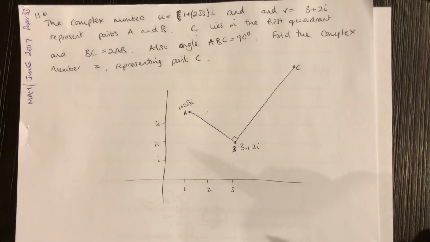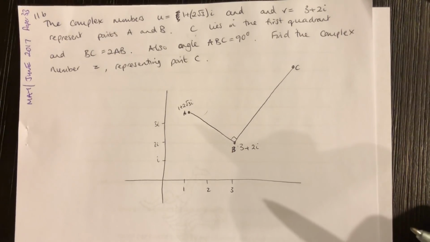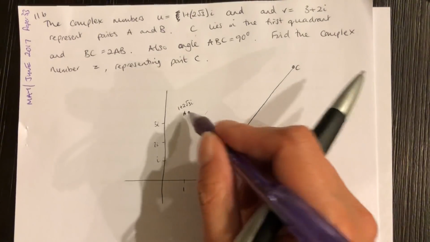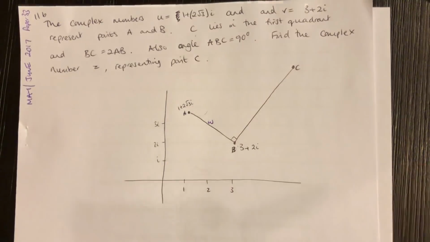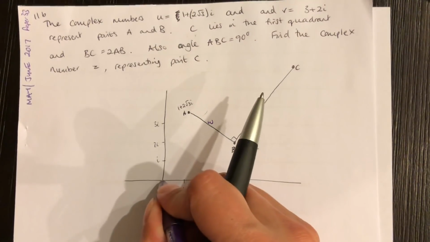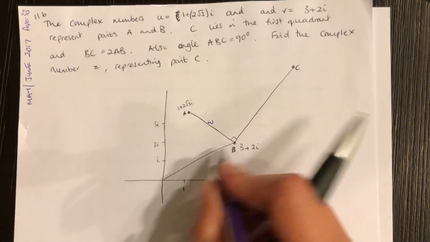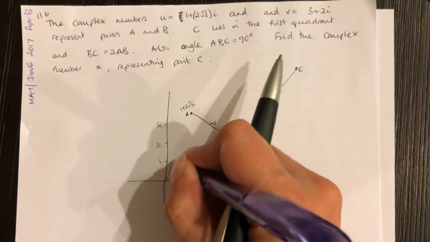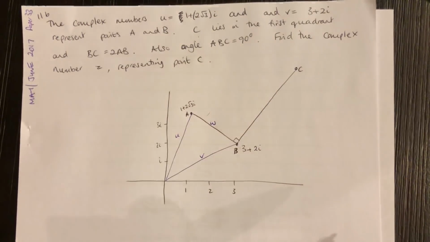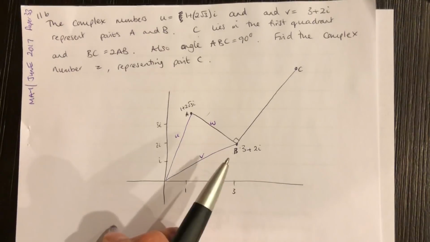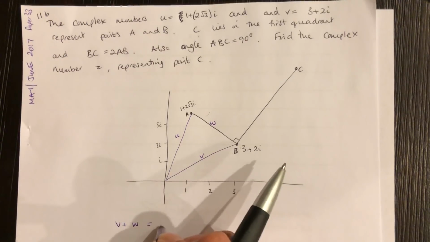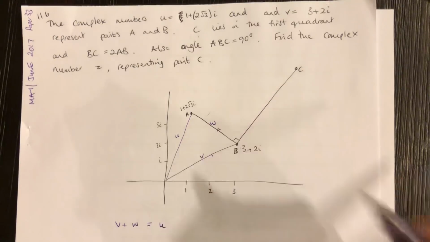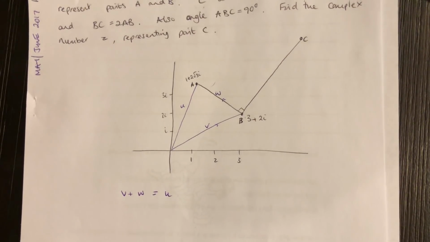Now, if we use what we know about complex numbers, and let's label this something else, now we've used U and V already, let's call this a W. We know that if we go along here, the B one was the V, and up to A was U. So if we do V plus W, we will get U, just from thinking of them like vectors, but that's how complex numbers work.